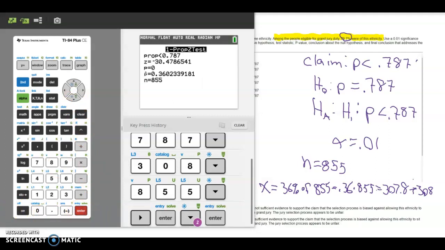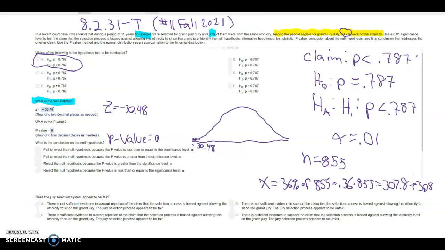We can see our calculated test statistic is z equals negative 30.48 when rounded to 2 decimal places, and our p-value is 0. You can see I've drawn a diagram to go with our problem. It's a left tail test. A negative 30.48 is so small that the area to the left of it rounds to 0. We're going to be comparing this area with our alpha value of 0.05.